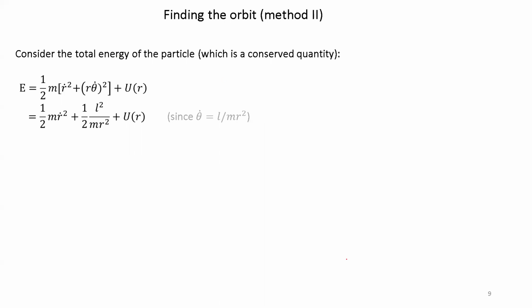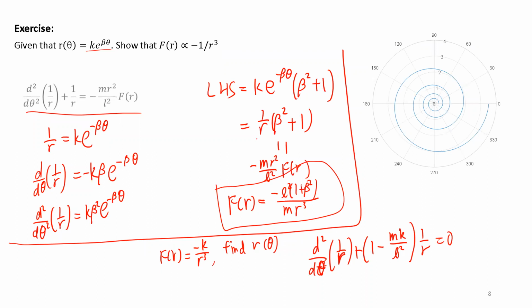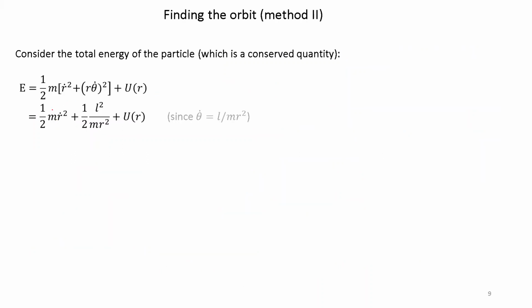So in principle, if you know this equation, and you just plug in the 1 over r squared over here, you will be able to solve for the orbit of a planet orbiting around a star. But here I will also tell you the other method, which is more commonly seen in your textbook.